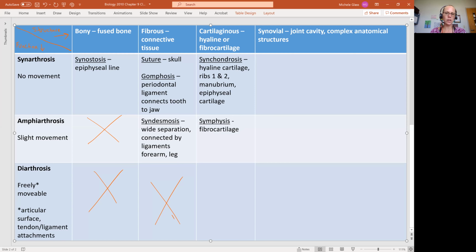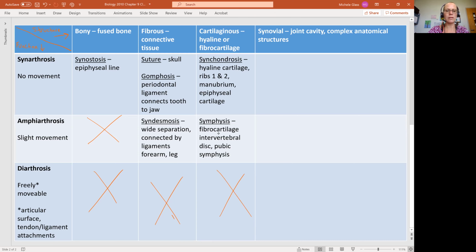So we have fibrocartilage here, and we see example of this in the intervertebral disc. And we also see this at the pubic symphysis. And then your cartilaginous joints, that's it. So we do not have one that is considered diarthrosis.